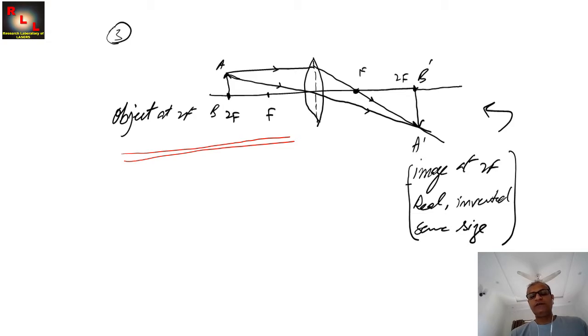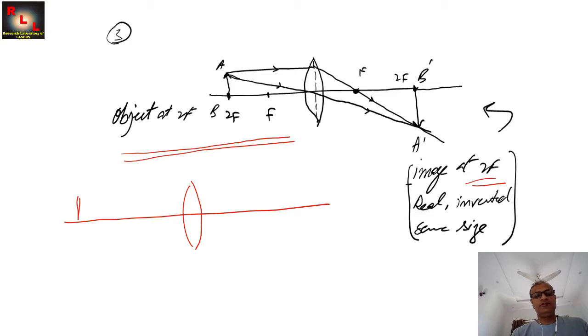If the object is at 2f, the image will be formed at 2f as well, on the other side definitely. So if this is your lens, and this is your object, this is f, and this is 2f.